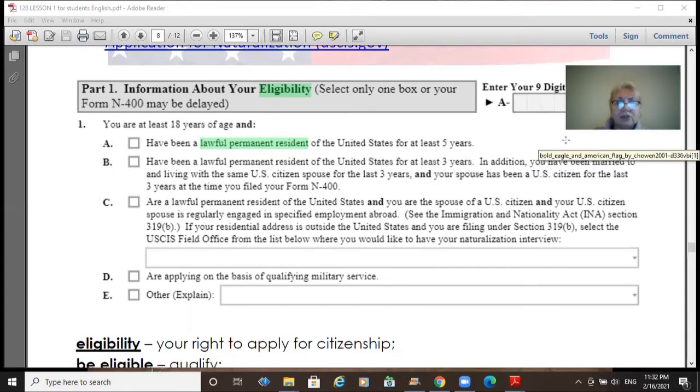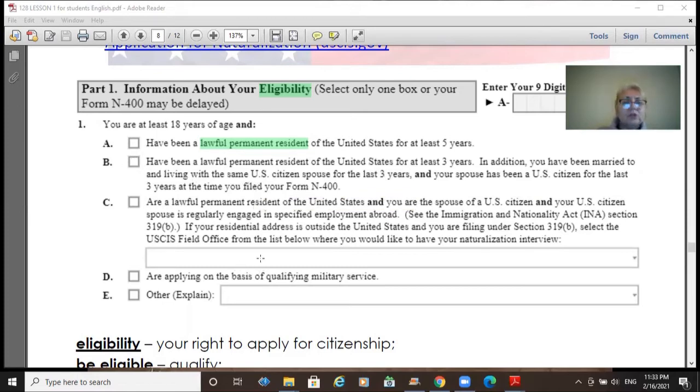In addition to that, you need to be married to and living with the same U.S. citizen spouse for the last 3 years. And your spouse has to be a U.S. citizen for at least 3 years or more at the time when you file your application. So that's another category of people.